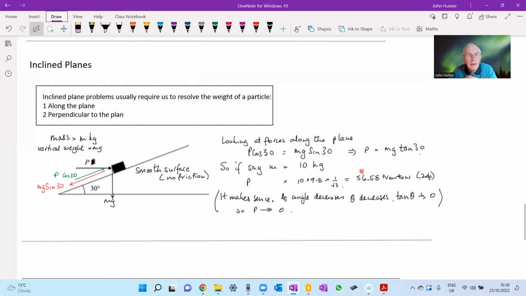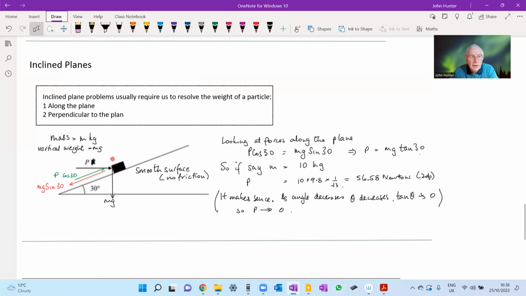Inclined planes. You see lots of these problems at A level, and basically what this normally requires us to do is to resolve in 2 directions, but not vertically and horizontally, but along the plane and perpendicular to the plane.